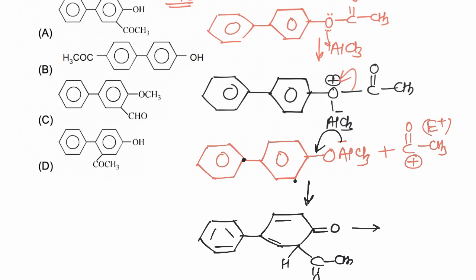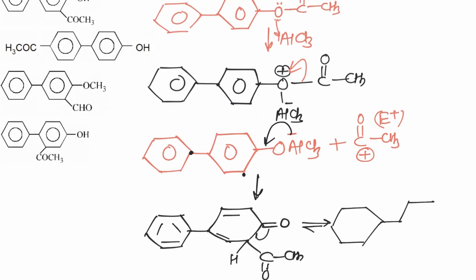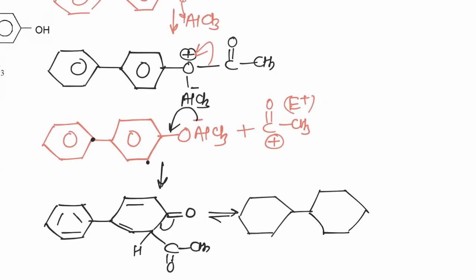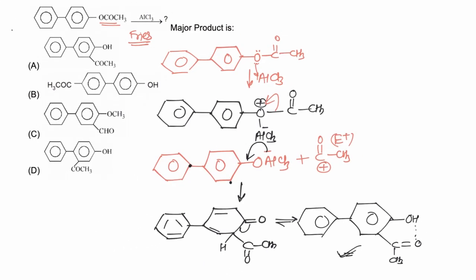Now tautomerism takes place, and after tautomerism aromaticity will be regenerated. Now the ortho product also has a hydrogen bond between the carbonyl group and the OH group, and hence the correct answer is this product, which is given in option A, and hence the correct answer is A.